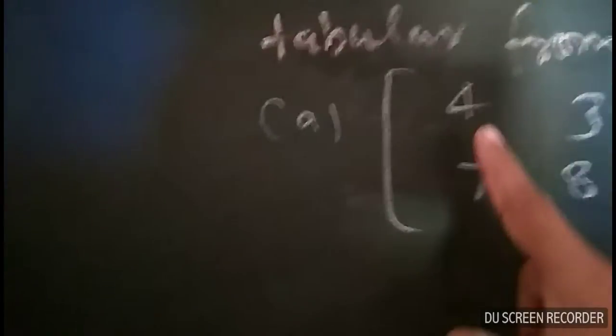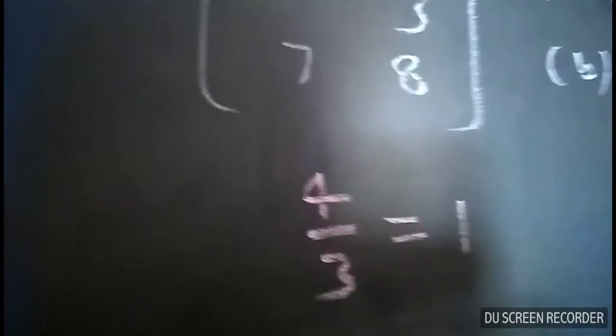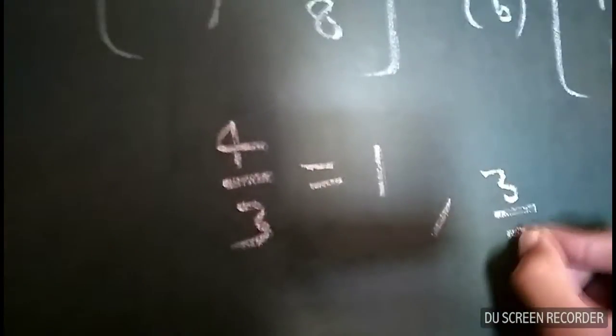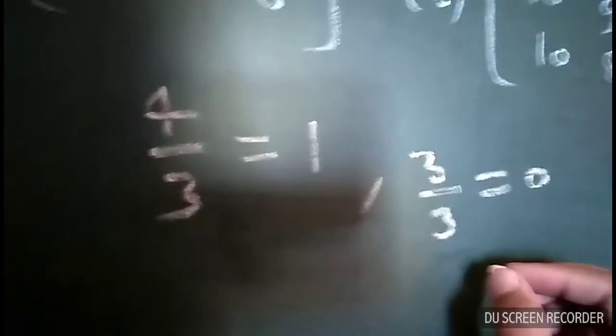For 4, we divide 4 by 3 and get remainder 1, and we divide 3 by 3 to get remainder 0.